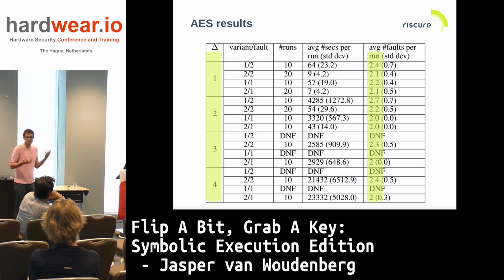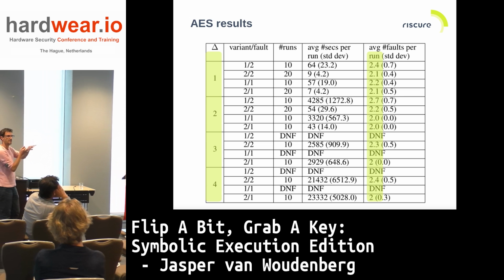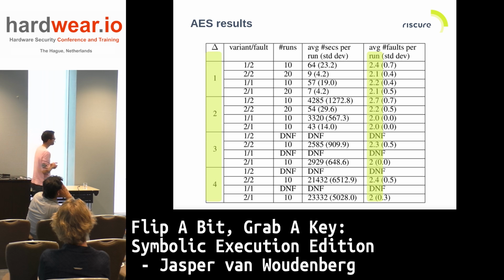Generally, we only need about 2 faults to get the key out. I have to say that this is not the full AES key, but the key for that particular 4 bytes of mixed column that you have. But you can run this in parallel, so you can glitch multiple columns in parallel.